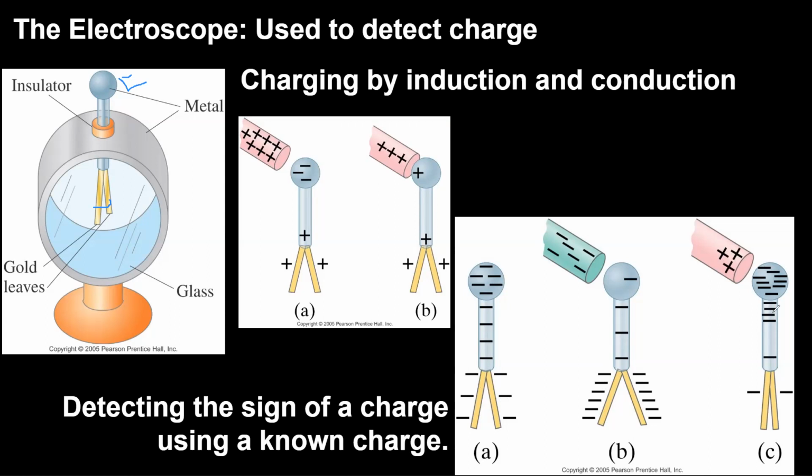If you put a positive thing here, then the electrons on the bottom will get attracted to the top, and since the repulsion between the 2 gold leaves isn't as strong, these 2 leaves will end up getting closer together.